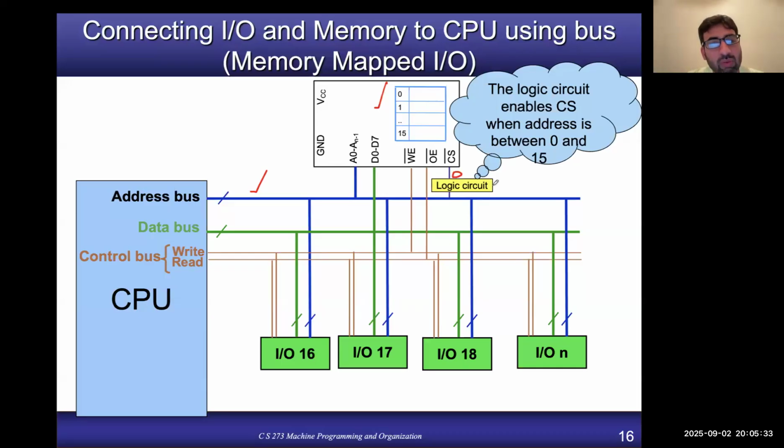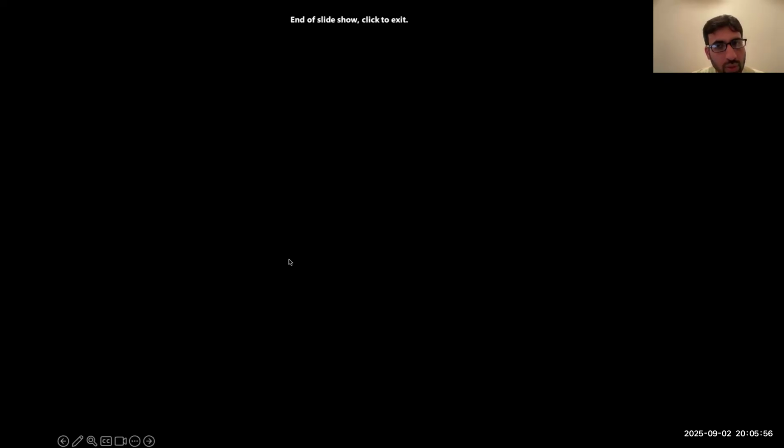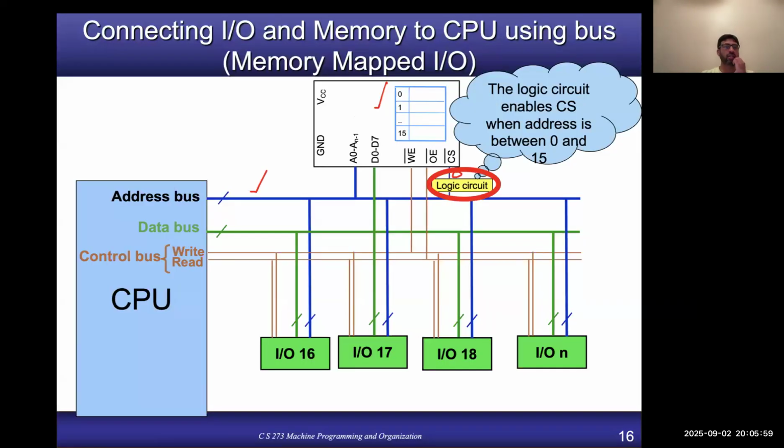In other words, we want to develop a logic circuit which selects this chip if the address is in the desired range, from 0x00 to 0x0F, and does not select this chip if the address is out of range. Okay, so now the question is how we can develop such a logic circuit. We will try to answer this question in the next set of slides. Again, if anyone has questions at this point, please let me know. And I'm switching to the next set of slides.